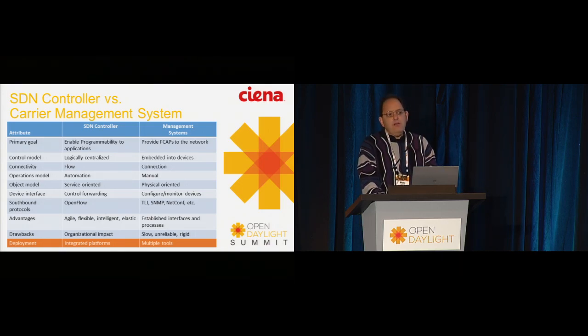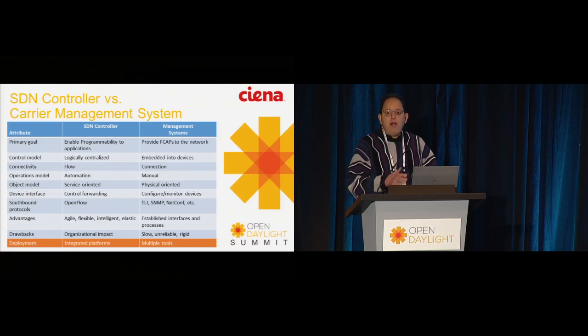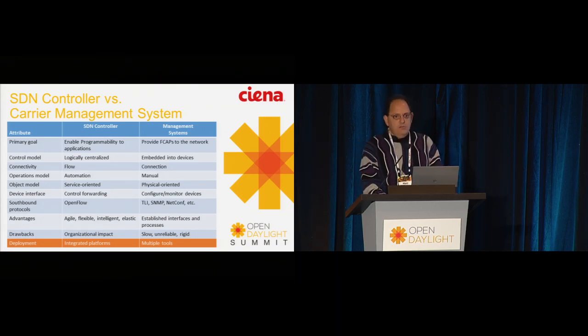And they have very little awareness of what's happening in the rest of the network. Now, this is a general statement in the sense that in the carrier network, there are some logically centralized systems. If we look at the voice network as an example, it's a good example of a logically centralized and controlled system. But it's a very different model in the data world, or at least in the packet world.